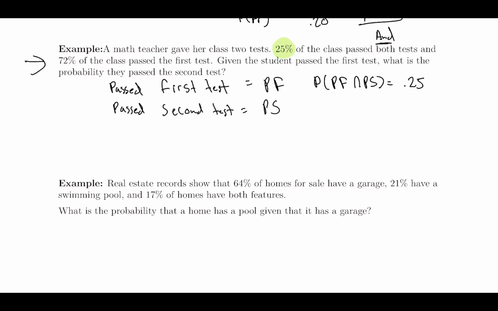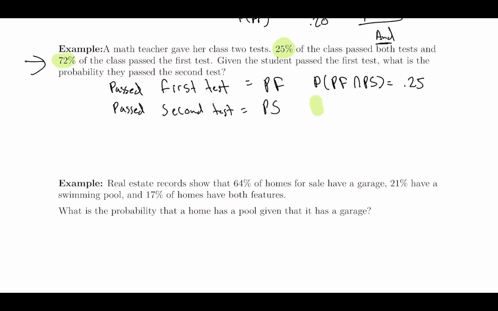All right. So let's go on to the 72%. What does the 72% represent? So you want to be careful with that one, Amy. If you look at it, it says 72% of the class passed the first test.